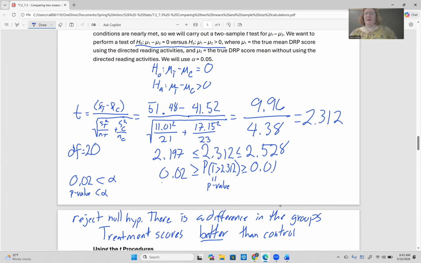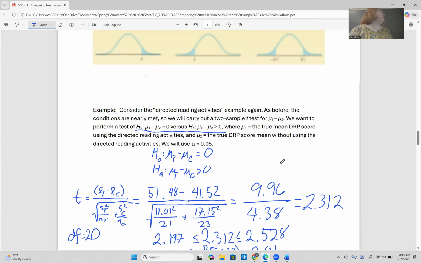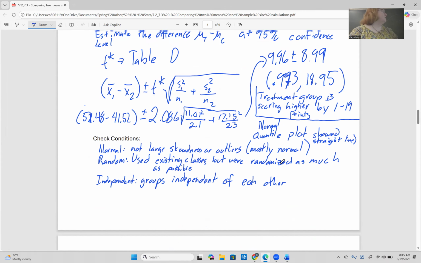And once again, that is exactly what the confidence interval was telling us. Treatment group is scoring higher by 1 to 19 points. So the confidence interval gives us a little bit of how much better are they scoring? Treatment group could be scoring as little as 1 point better, which is still important.